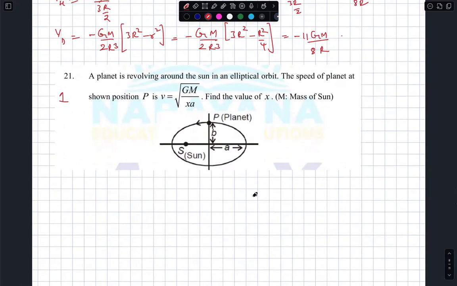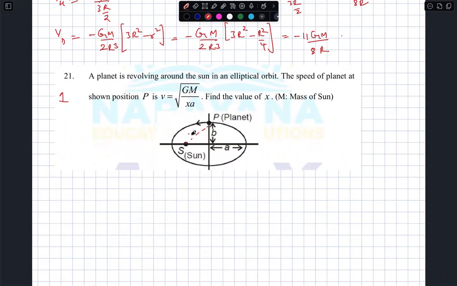Next, a planet is revolving around the sun in an elliptical orbit. The speed of the planet at P is as shown; find the value of X. Remember, you want to find the speed at this point.